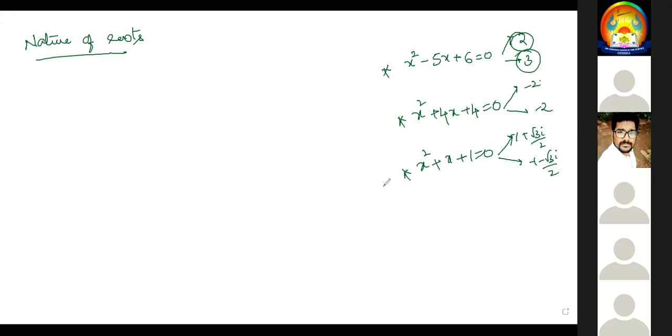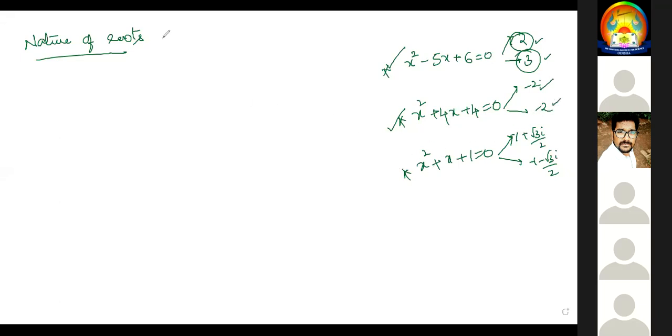How do we know that it has two different roots? After solving the entire method only, we came to know that they have two different roots. In the same way, how do we know that this equation has two equal roots? After solving the entire method, we came to know that they are having two equal roots.